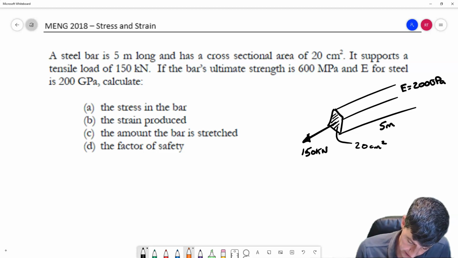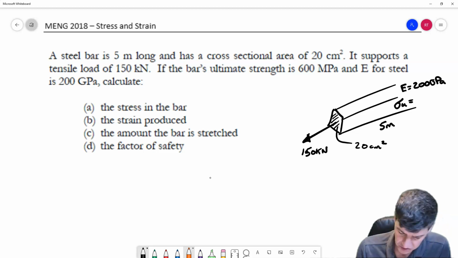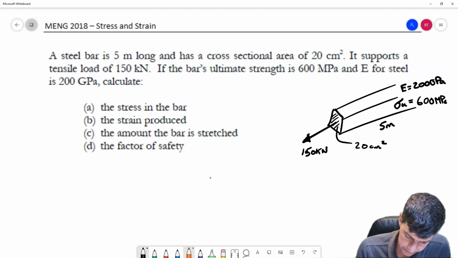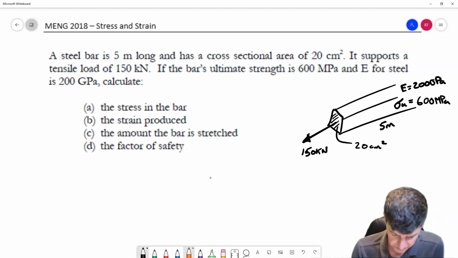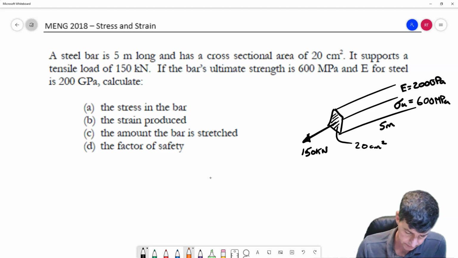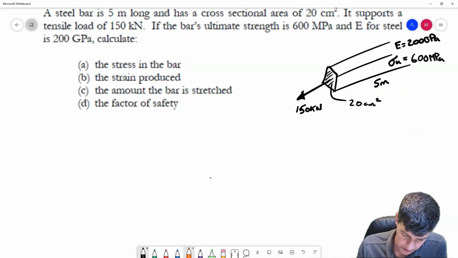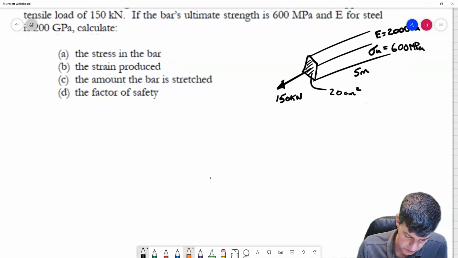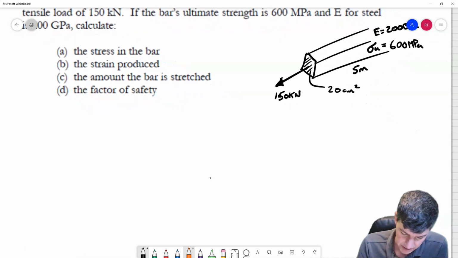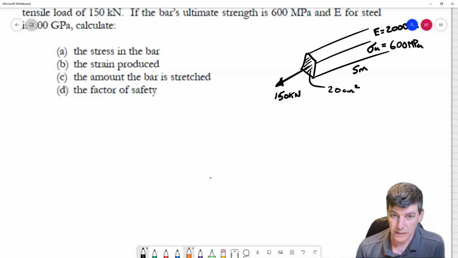The material has an ultimate strength of 600 MPa. And I have a whole series of questions about this case. First thing I want to do, before even diving into all these questions, is get everything I know into the units that I want.